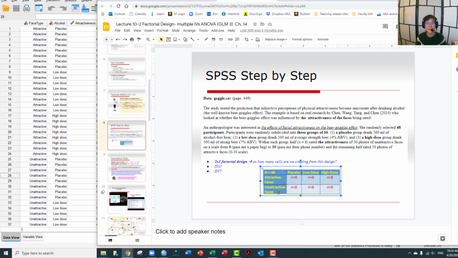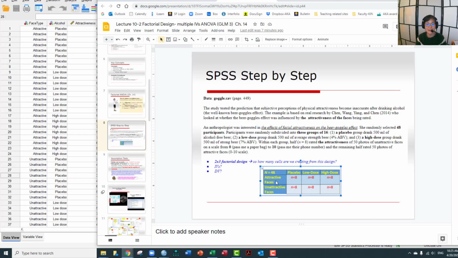They also looked at 50 pictures of unattractive faces, and then they also rated 0 to 10, 0 being not attractive at all, and 10 very attractive. And then they wanted to look at the differences between drinking levels, no alcohol, low level of alcohol, and high level of alcohol.